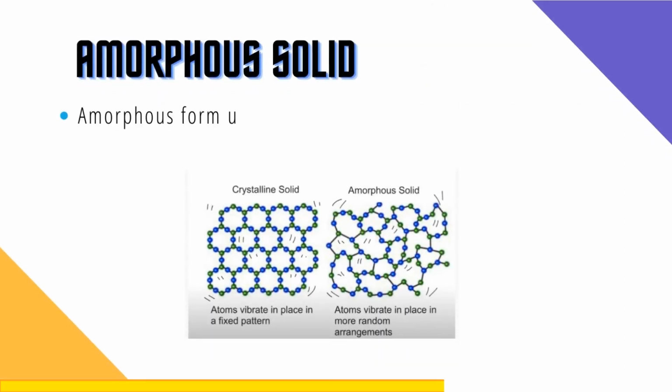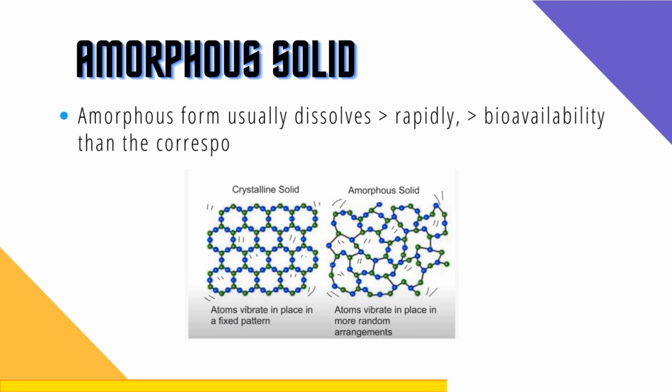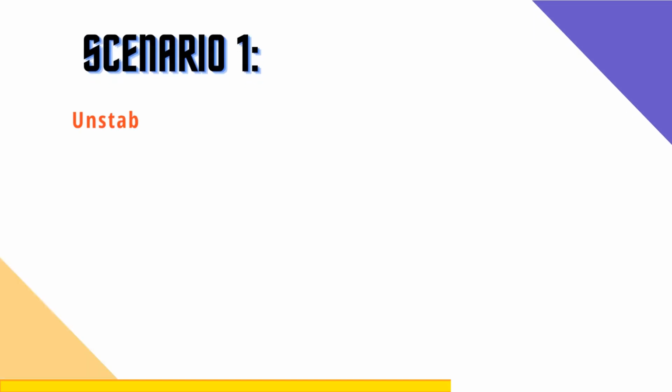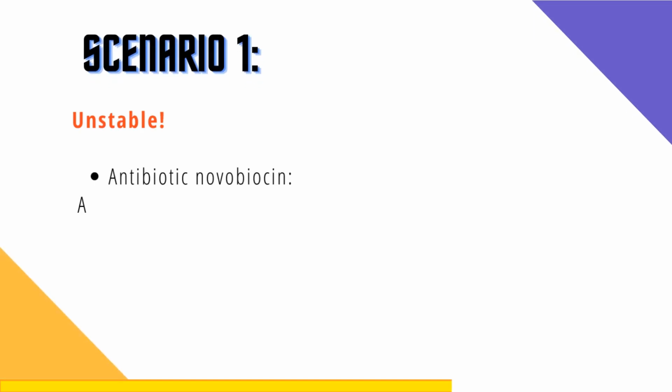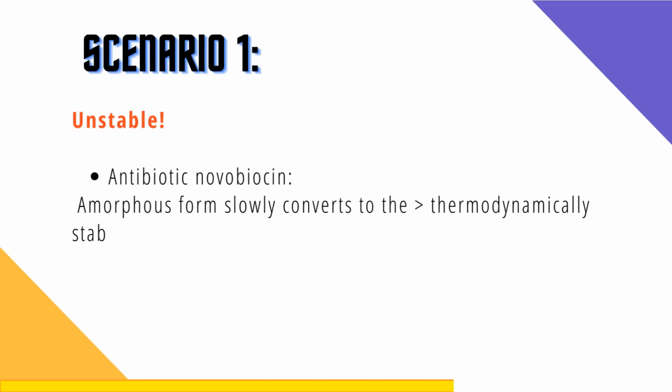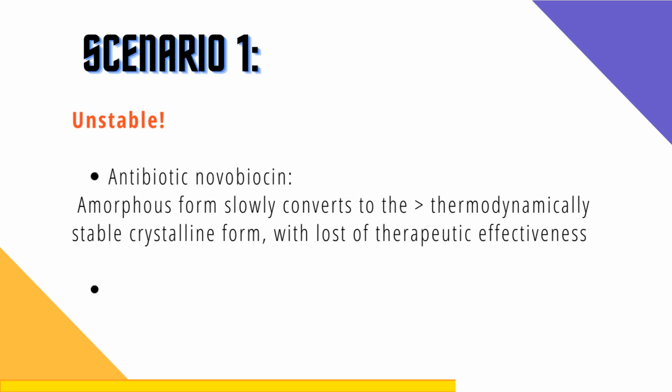The second type of crystals are called amorphous solids. The amorphous form usually dissolves more rapidly with higher bioavailability than their crystalline form. As you can see in their structure underneath here, the amorphous solid is not so neatly arranged, which also contributes to their instability of structure, as seen for certain classical examples such as novobiocin, whereby the amorphous form could slowly convert itself to the more thermodynamically stable crystalline form, with a loss of the therapeutic effects.